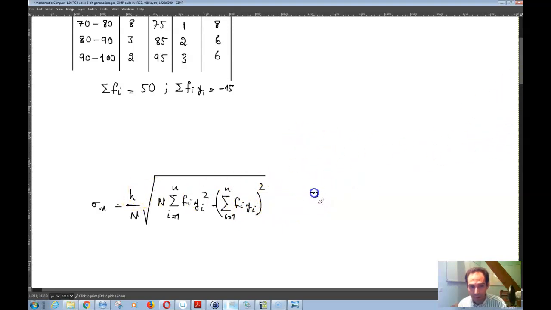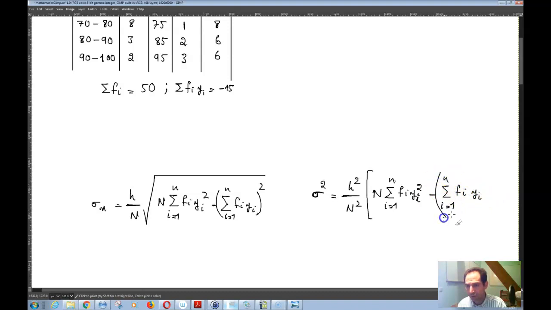Then sigma squared is equal to h squared over n squared times this whole expression, which is n times sigma f of i y of i squared, as i goes from 1 to n, minus sigma f of i y of i as i goes from 1 to n, whole squared, right? So that is your variance.